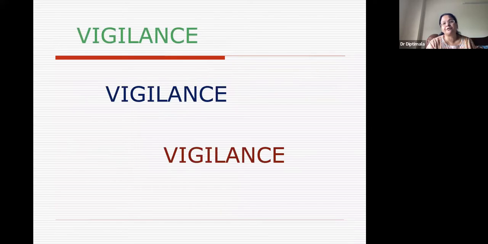Vigilance and vigilance. This applies to other aspects also, besides infection prevention. When you are monitoring the patient, again, this is why the patients are kept in ICU, for this vigilance and more attention.